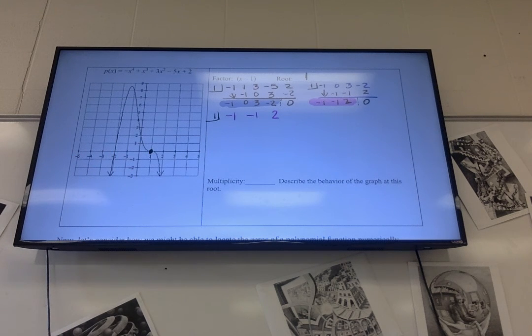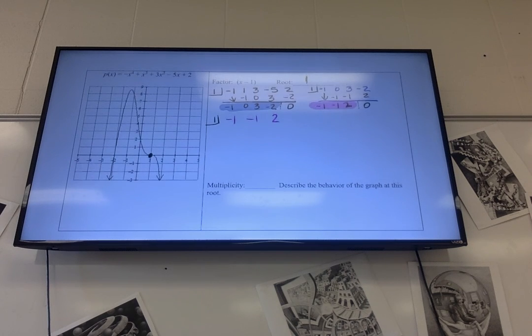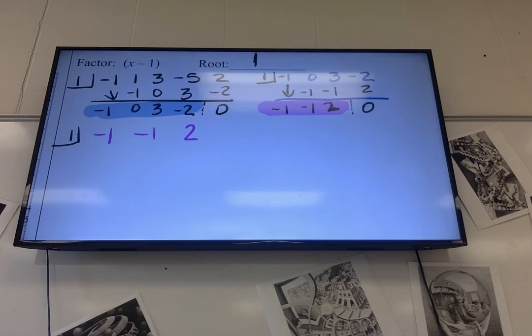And we had just divided by it twice. Now we were going to do it the third time. So you bring the negative 1 straight down, multiply, add, multiply, add, and it was 0 again. So we would do it again.